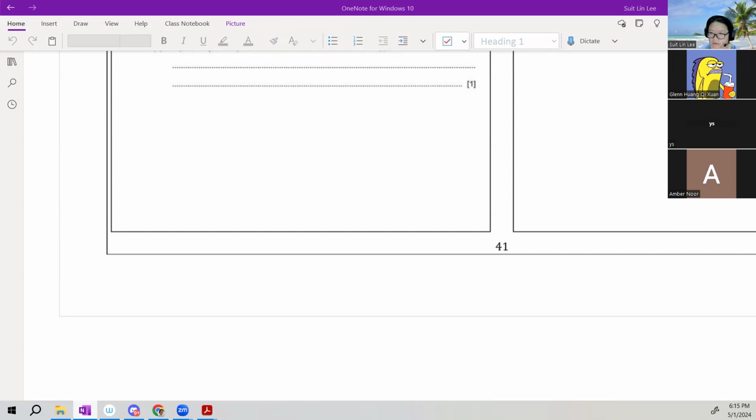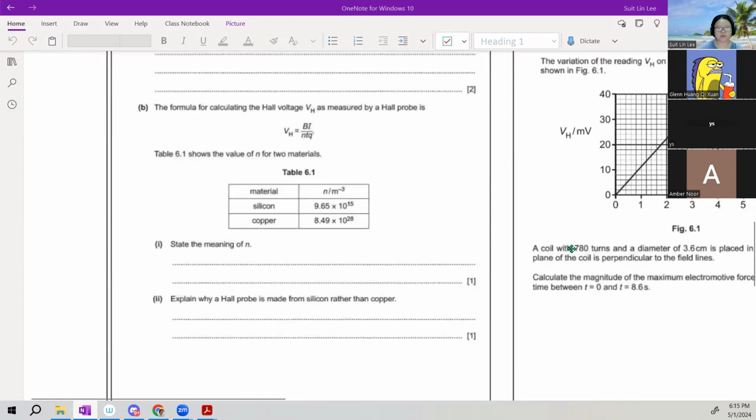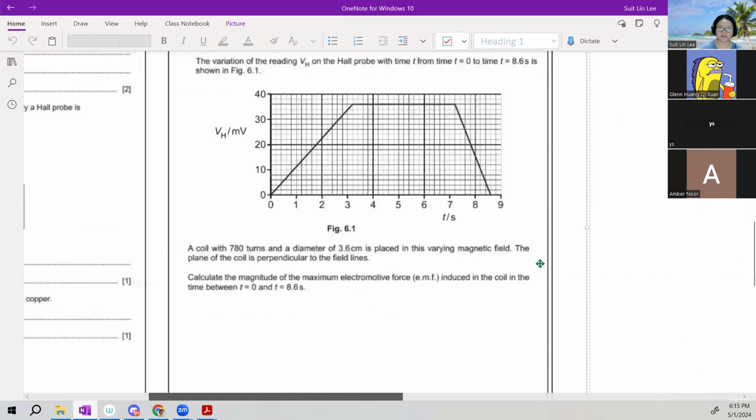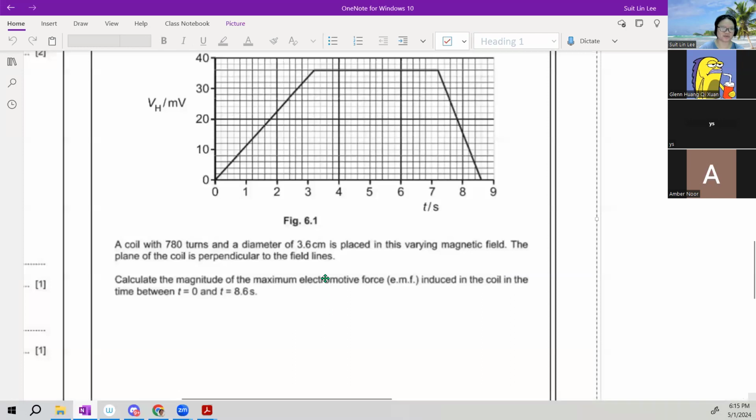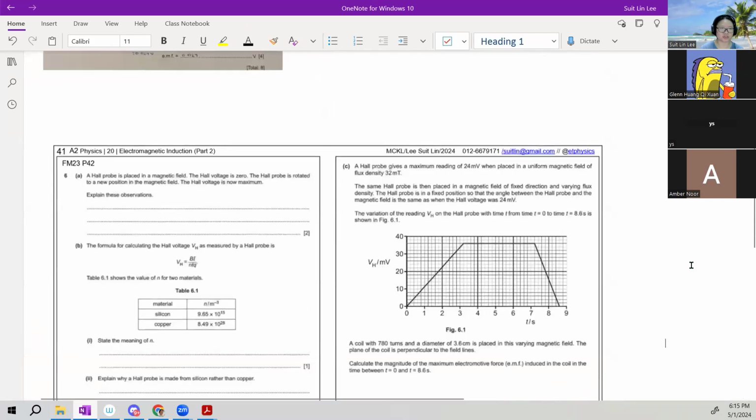I'm sending the question into chat, but this is from Fat March 2-3. So the question was, what is the cause of the induced EMF? Because we all know that in order to have induced EMF, there needs to be a change in flux.